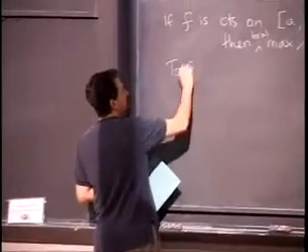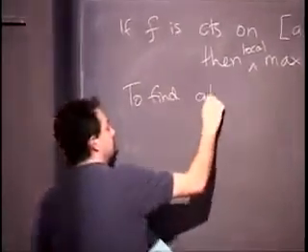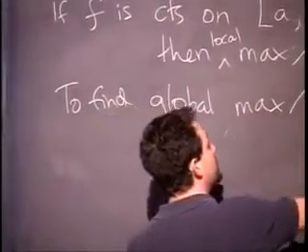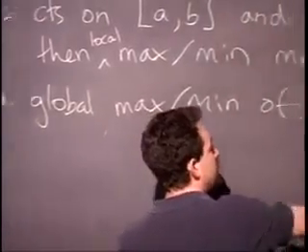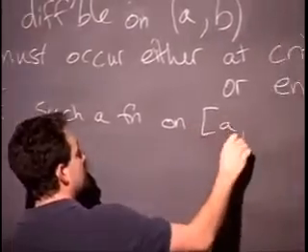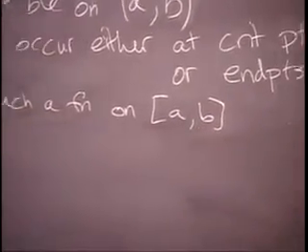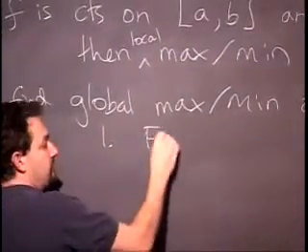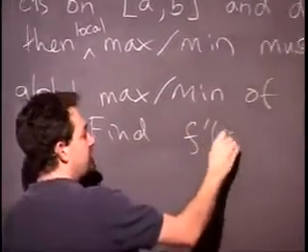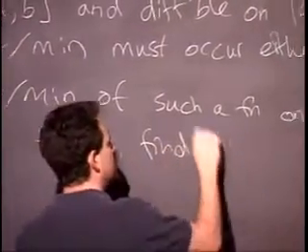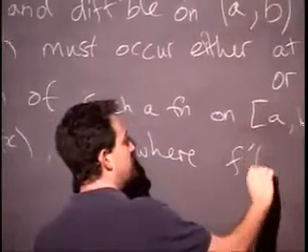So this suggests the following procedure to find a global maximum and minimum, or all the global maxima and minima of such a function on a closed interval like [a, b]. Okay? So the first thing is find f prime of x and find where f prime of x equals 0.